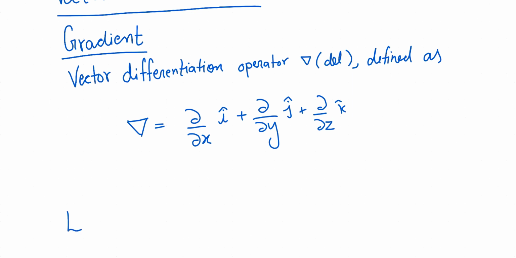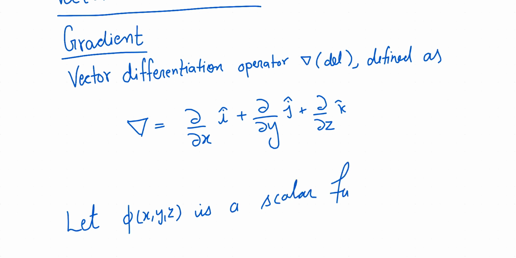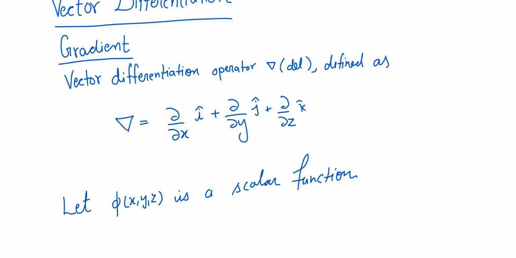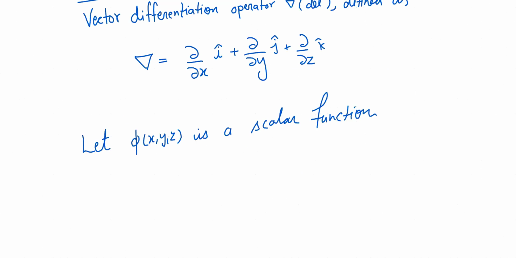Let phi, a function of x, y, z, be a scalar function. Then how can we find the gradient of phi?